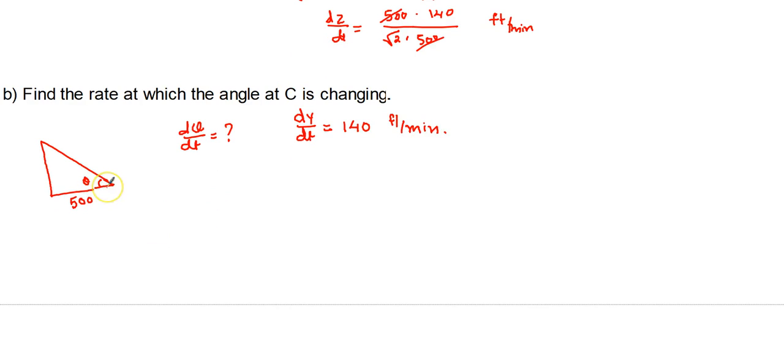So which equation is helpful here? Sine, cosine or tangent? Let's list them on the side. Tangent theta is y over x. Sine theta is, sorry, what am I writing here? Opposite over hypotenuse, so y over z. Cosine theta is x over z.